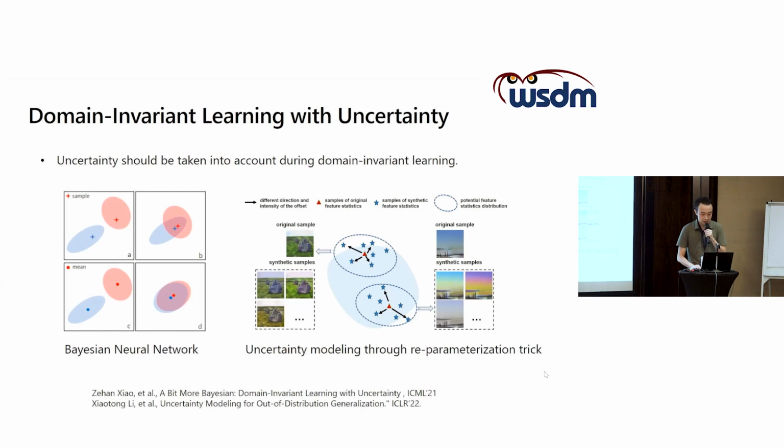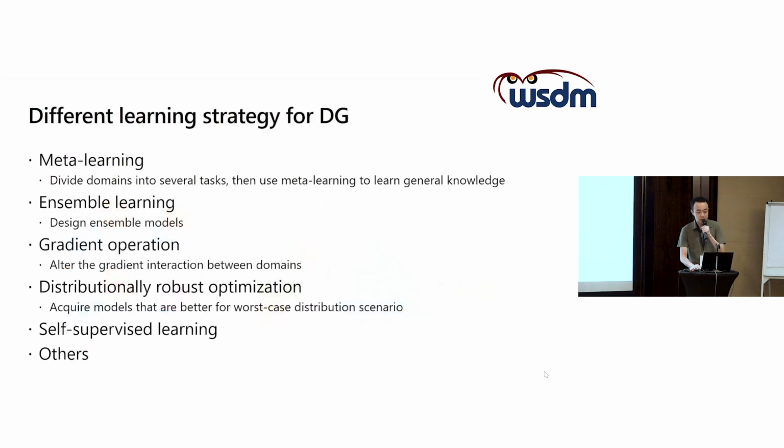Okay, so that's all about feature representation learning. There are still many other methods for domain generalization. For example, one can perform meta learning, whose idea actually comes from multiple task learning. At a high level, there are still some similarities, so researchers found that meta-learning can also be applied to domain generalization.